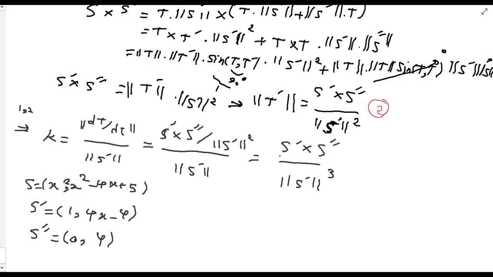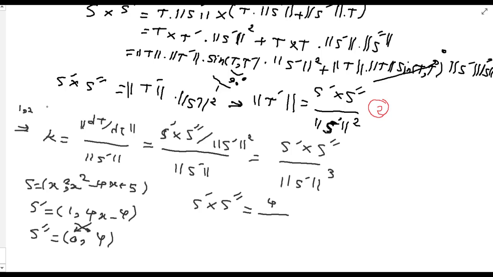And now we find S prime cross S double prime, which is equal to 1 times 4 minus 0 times the product of this, and we will get 4 over the magnitude of S prime to the power 3.